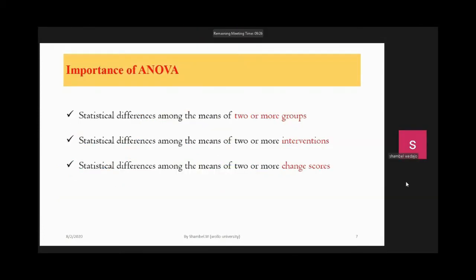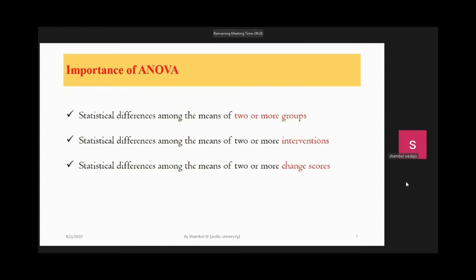So ANOVA has importance. One is the statistical difference among means of two or more groups: does it have a statistical difference among the means of two or more groups? Another is the statistical difference among means of two or more interventions.